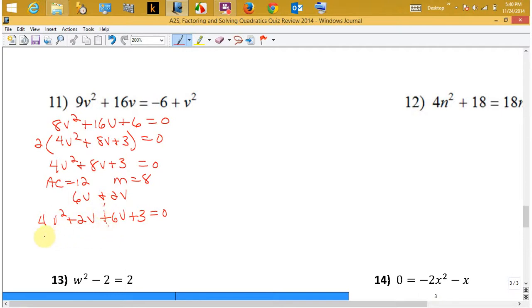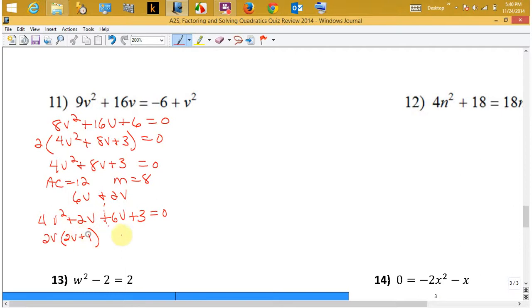Splitting it in half, I've got 4v times, 2v, right? 2v times v plus 2. And over here, I'd have, that's still not right. Let me give it another shot. 2v plus 1. So if I pull a 2v out of here, I get 2v. If I pull a 2v out of here, I get 1.